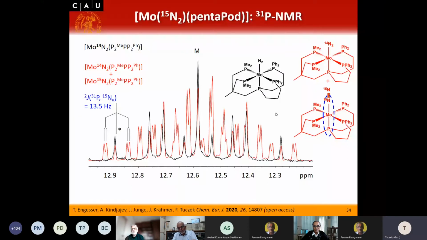You mean whether I can tell in terms of angstroms how much closer the N15 is to the molybdenum than the N14? I cannot tell. I would have to calculate this. I think it's very little. I've thought about how to do this.